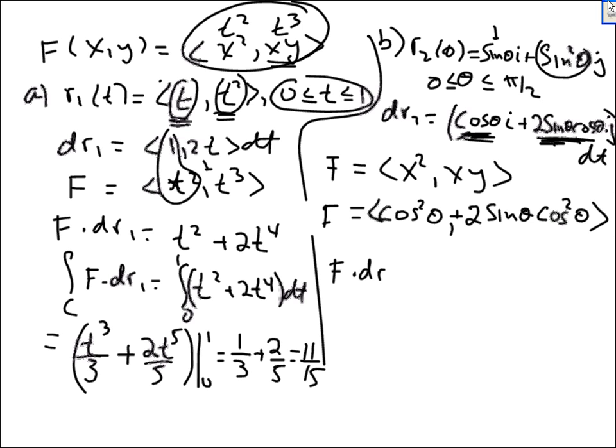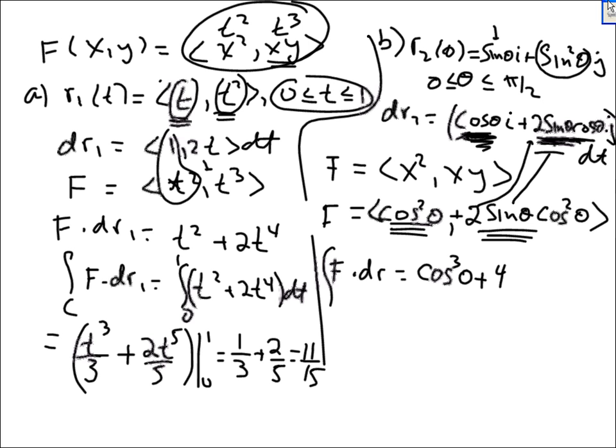Now f dot dr, we multiply the x's, and you get cosine cubed theta, plus, now you multiply the y's, and you get 4, sine squared theta cosine cubed theta.